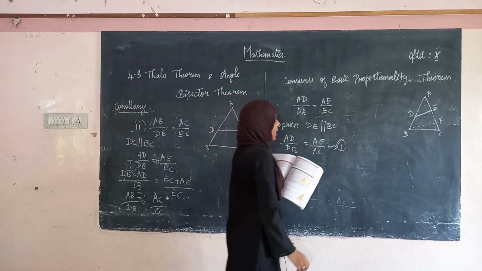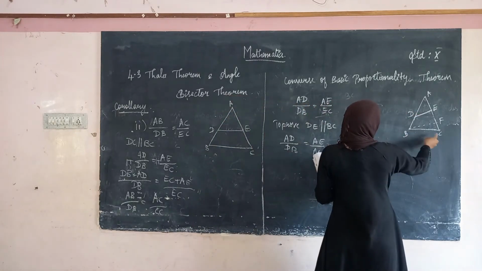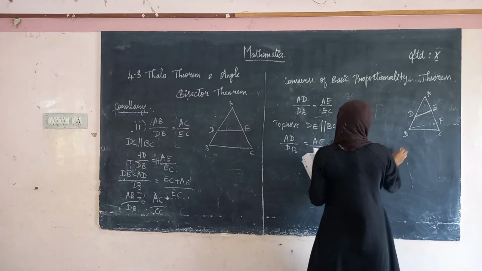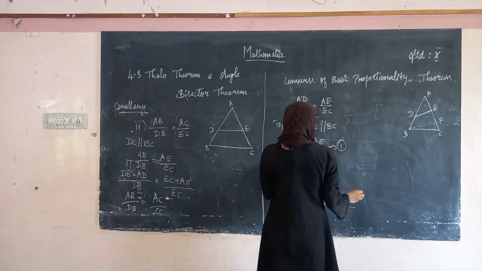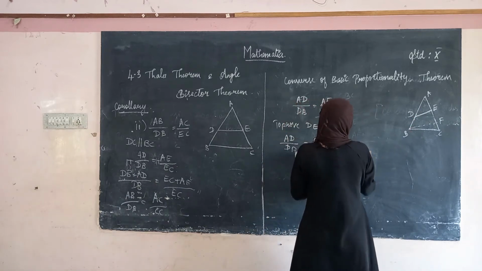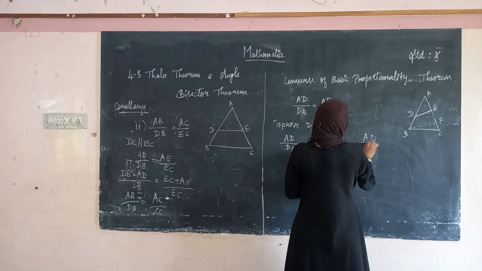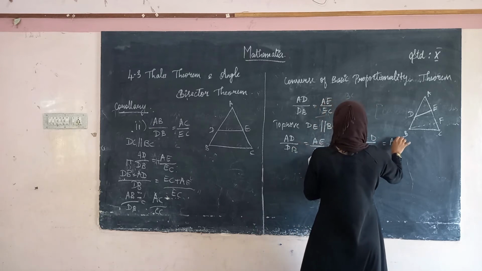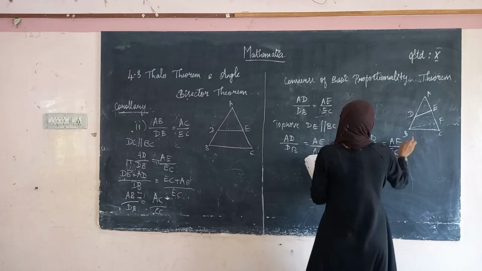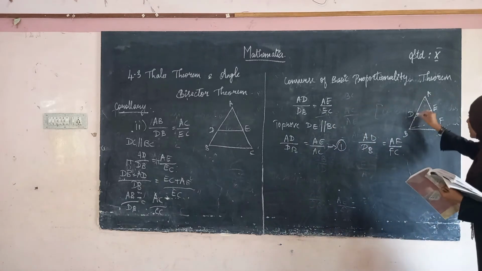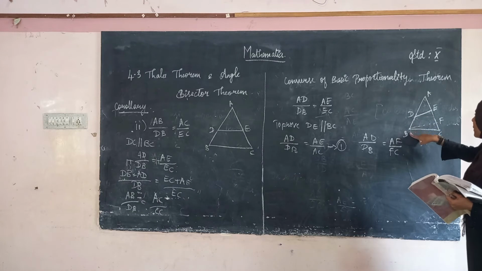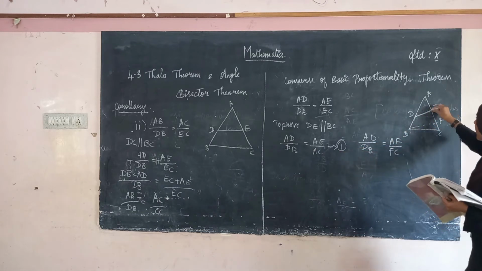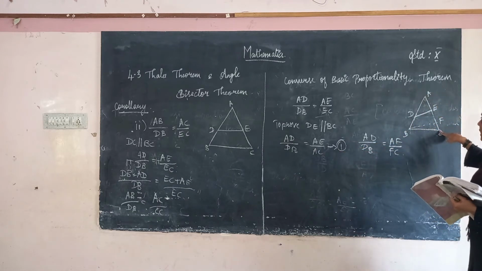Okay, then in triangle ABC, by taking this line, what we can take? By taking this line, AD divided by DB is equal to AF divided by FC. Here we consider this point D, therefore AD divided by DB, and here we consider E, therefore AE divided by EC.